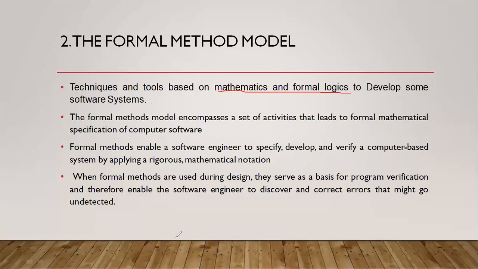Clear? See the second point, the formal method model encompasses a set of activities. It has some set of activities that leads to formal mathematical specification of our computer software.